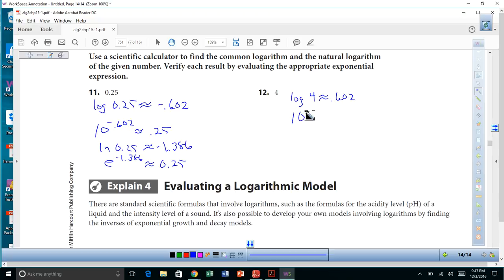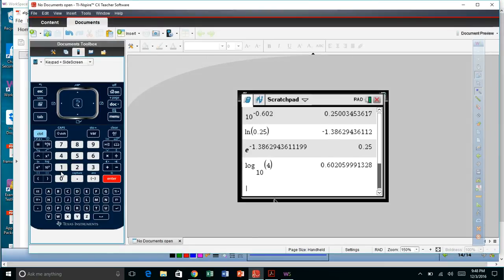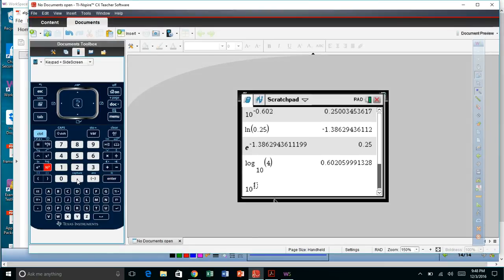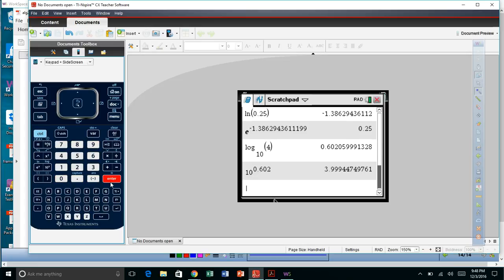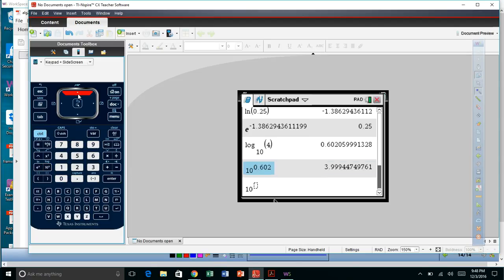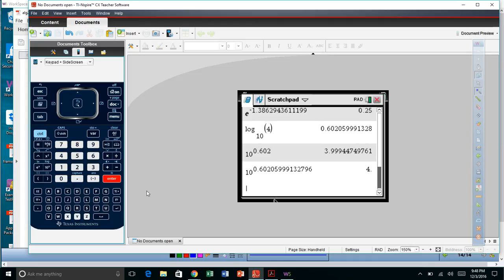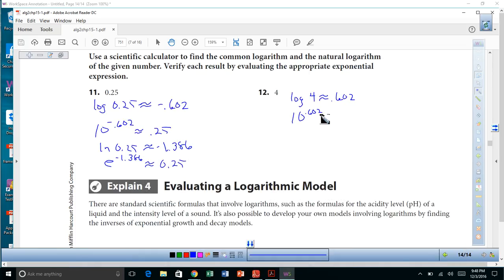So 10 to the 0.602, and let's try that. 10 to the 0.602 is going to be approximately, see, that's pretty darn close. But if we had gone up and grabbed that, it would be right on the money, right? But you want to type all them in? I don't want to type all those in. All right. So that's going to be approximately 4.